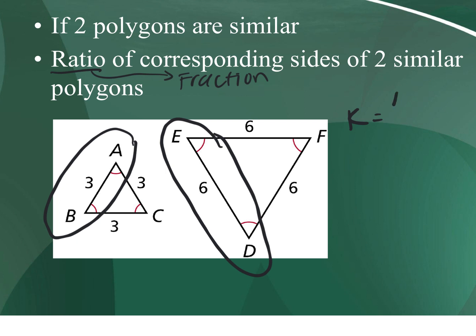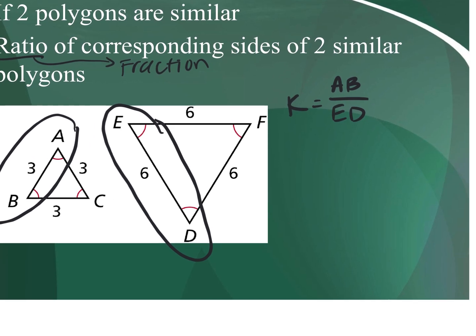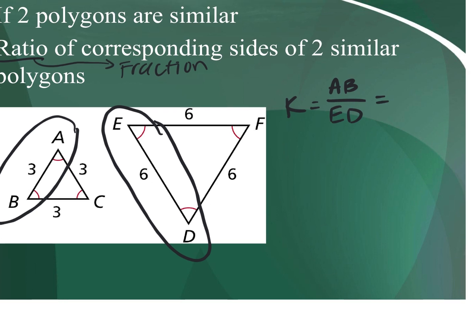So let's write it as AB over ED. And what was AB's length? What is K? K is your scale factor, right? What is AB? 3. And ED was what? 6. Can we simplify that fraction? It's 1 over 2, right? This is your scale factor.